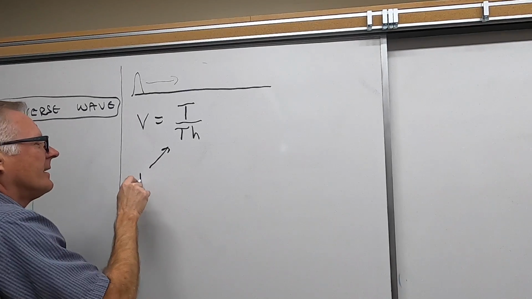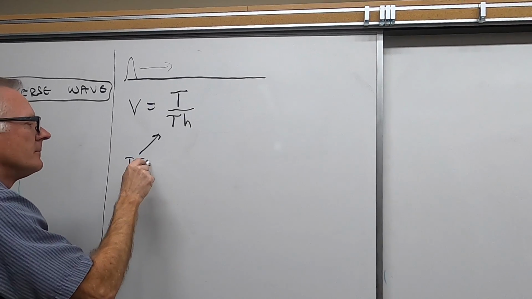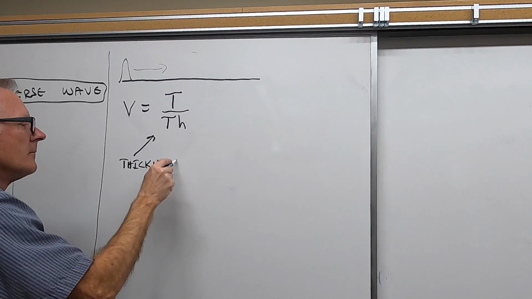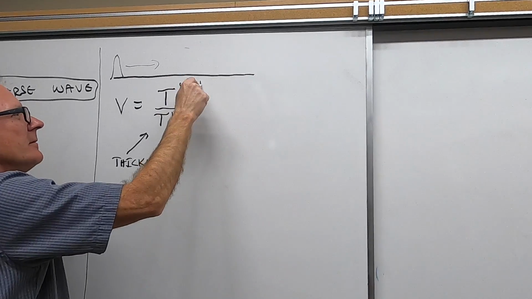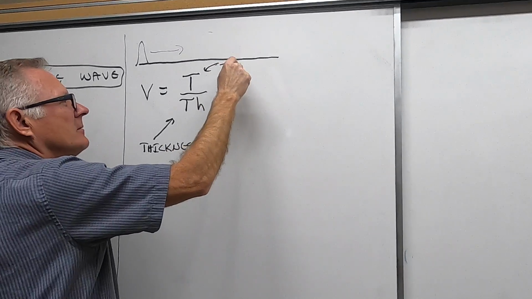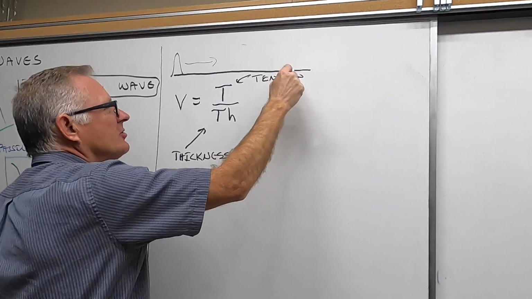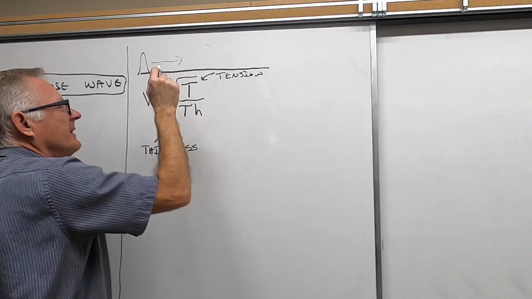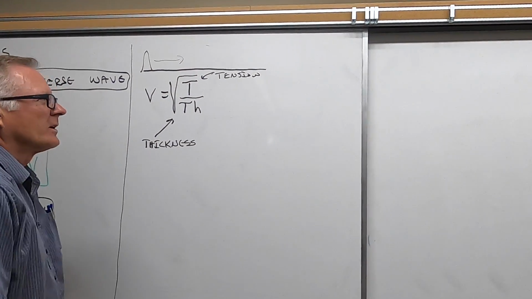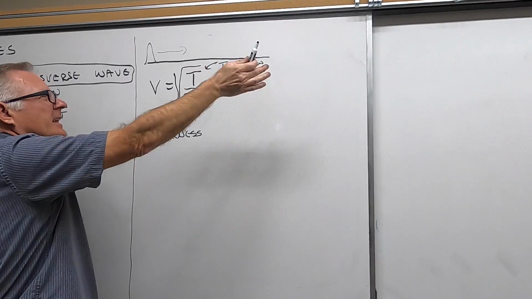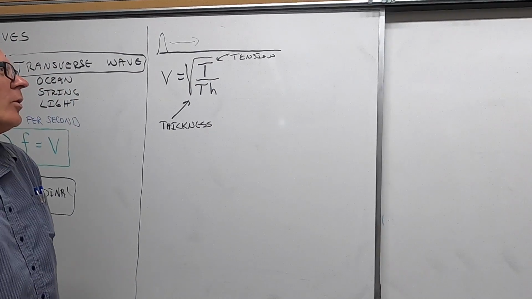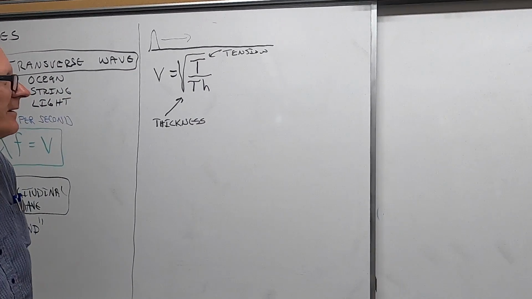So that's the thickness. And that's the tension, how tight it is, tension. And it just so happens that there's a square root in there. So now the units work out right here. This is the speed of a pulse down the rope right here.